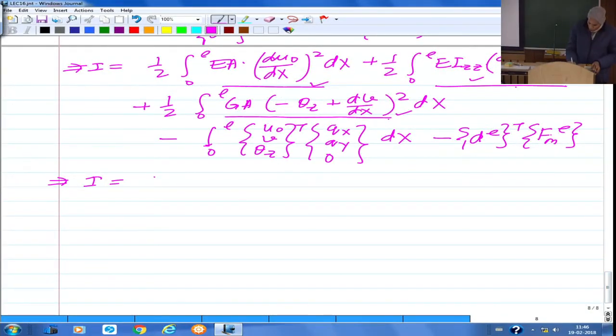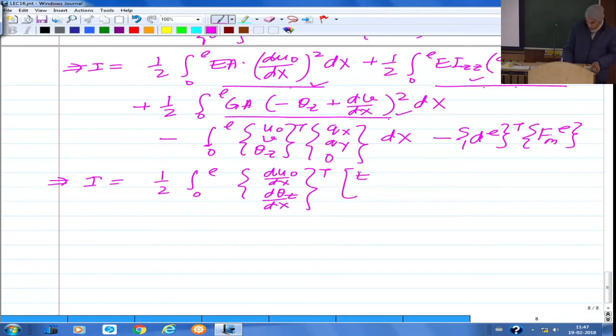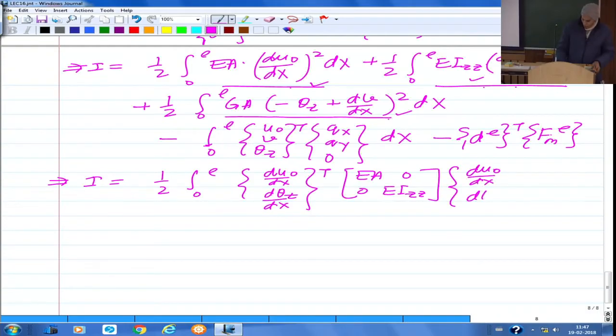But these two, the axial as well as the bending strain energy, you can combine, like we did earlier, as du naught by dx and d theta z by dx transpose, then EA0 and EIzz, then du naught by dx and d theta z by dx, and then of course the integration over the entire length of the element.